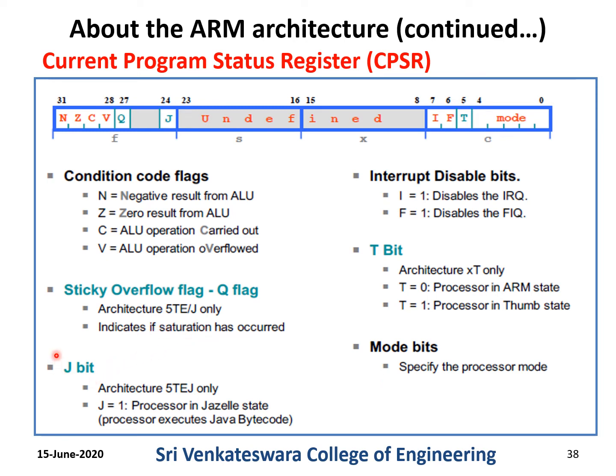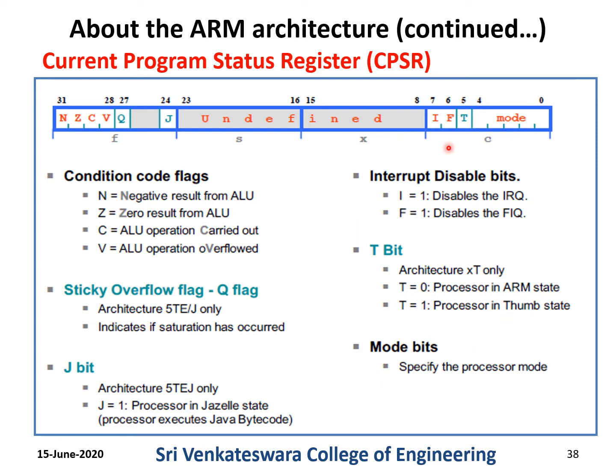There is also another bit called the J bit, which is found in the 5TEJ architecture family, and if this bit is set, it indicates that the processor is in Jazelle state, or it is executing Java bytecode. The rest are the same as I mentioned in the previous slide. The T bit, or Thumb bit, is 0 when the processor is in ARM state, and it can be set to 1 when it is in Thumb state.